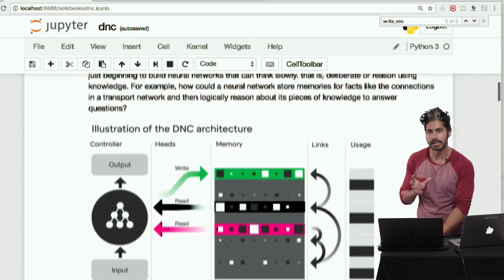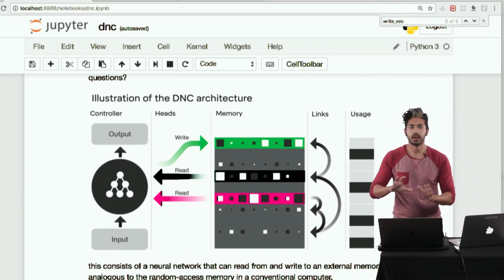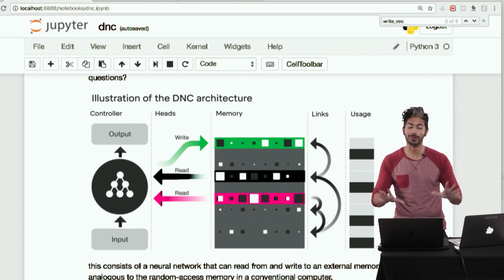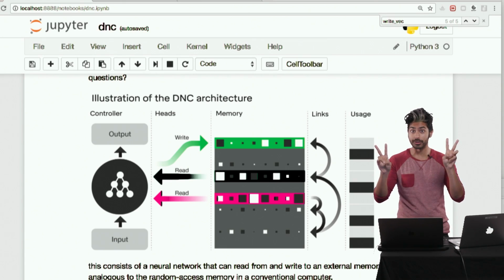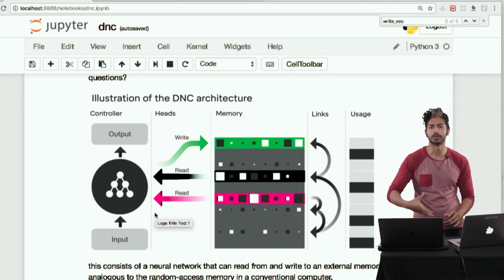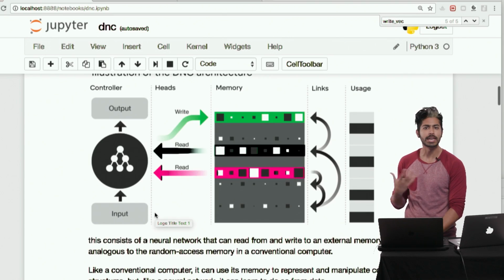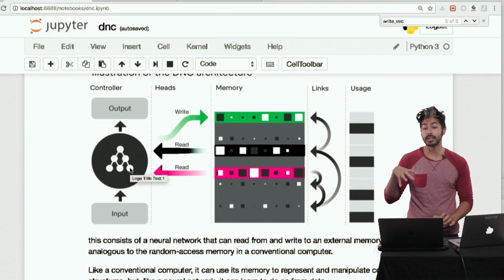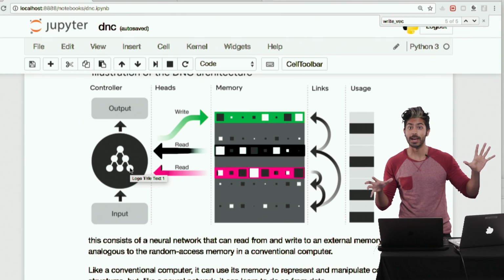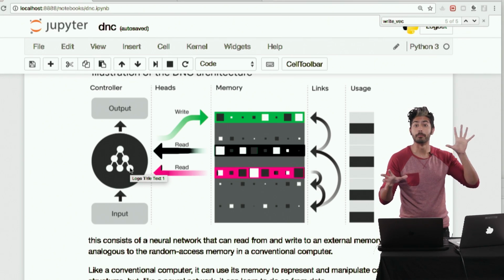That is what the DNC is. It is a neural network with an external memory store. So it's got two parts. You've got the controller, which is a normal neural network. You could use a feed-forward net, a recurrent net, or any kind of network you want. In this example, we're going to be using a feed-forward neural network. Then you've got the memory bank, which is an external matrix.